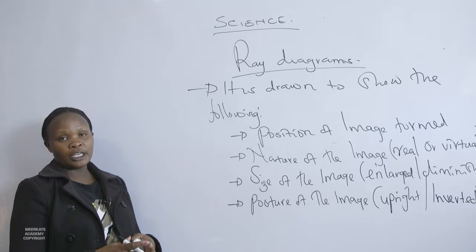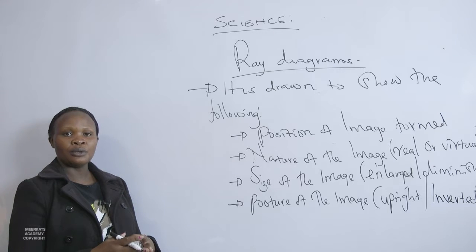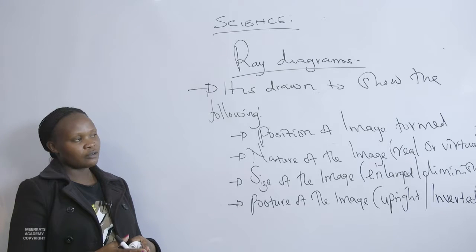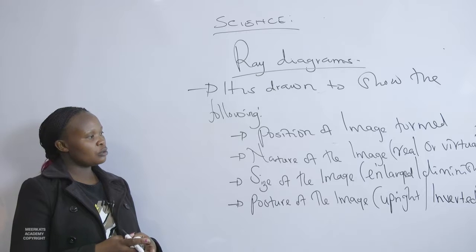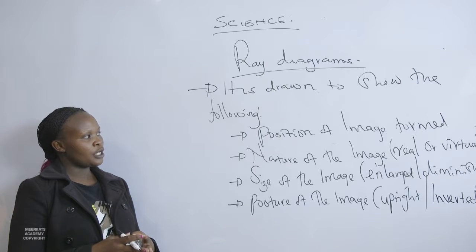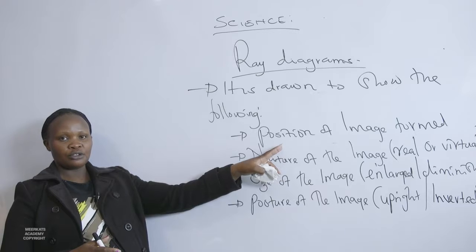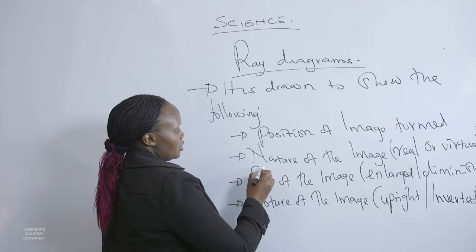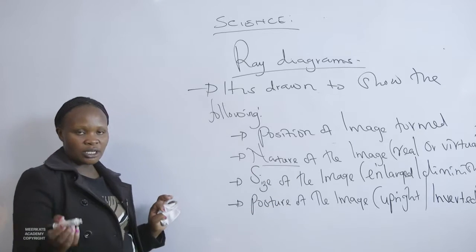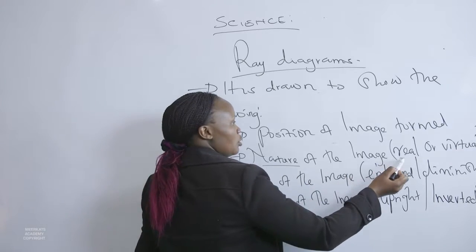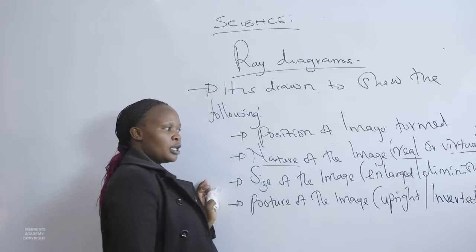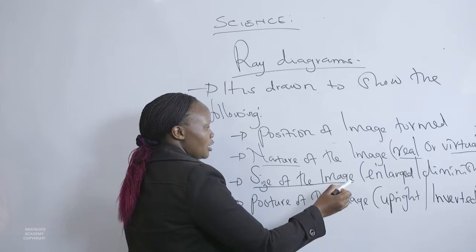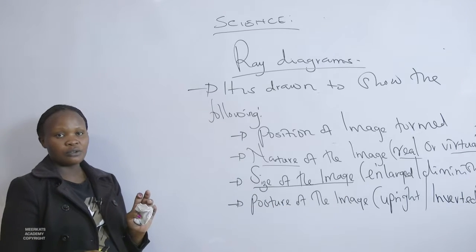Therefore, for you to be in a position to describe the image formed by these curved surfaces, you ought to consider the four. Number one is the position of the image. Number two is the nature. You will be required to tell us whether it is real or virtual. Then you can look at the size of the image relative to the object.